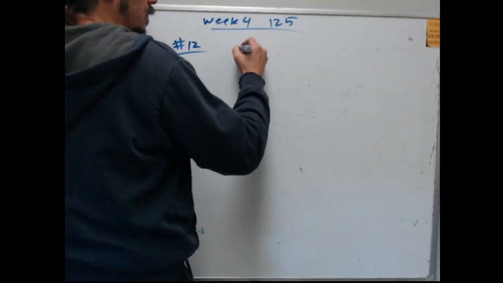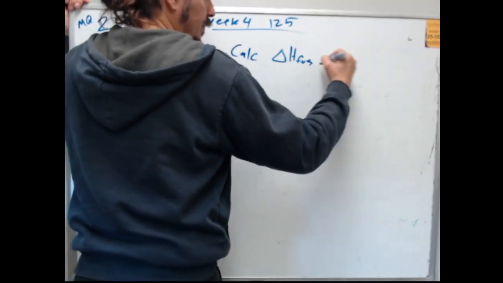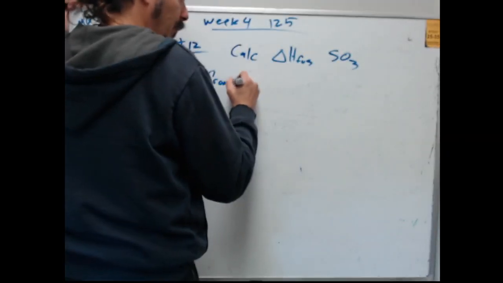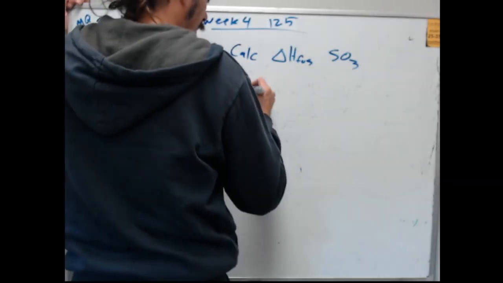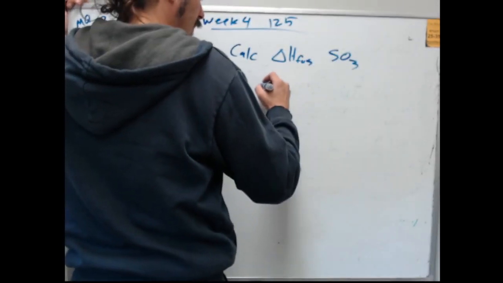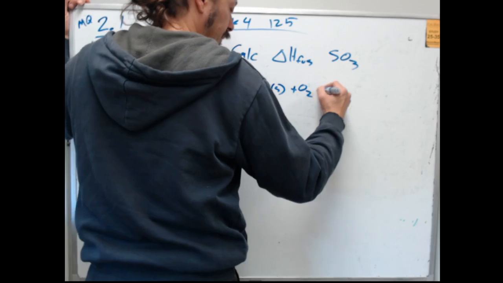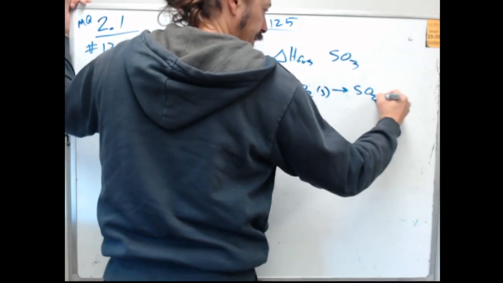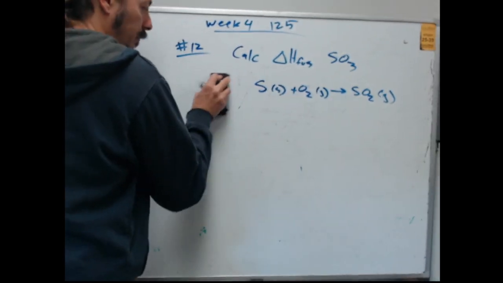Calculate the enthalpy of fusion of SO3 from the following information. Okay, so it's two reactions. One is sulfur solid plus O2 gas reacts to make SO2 gas, and the enthalpy of that reaction.